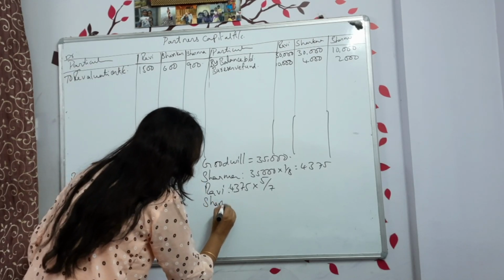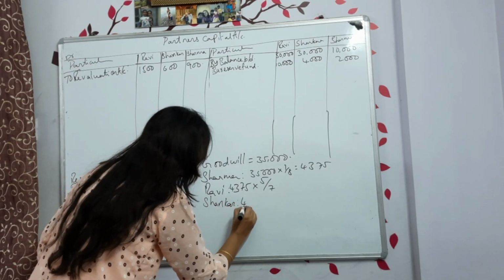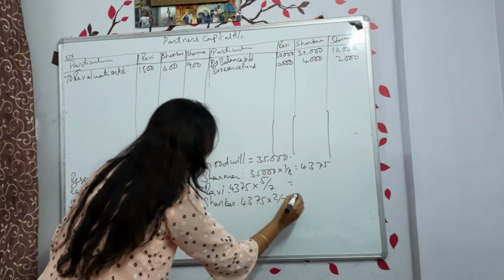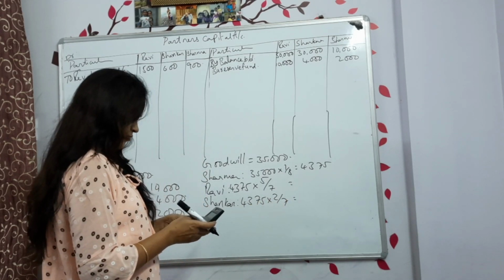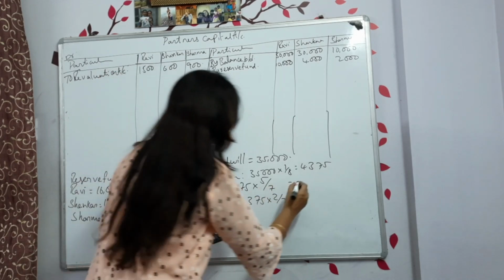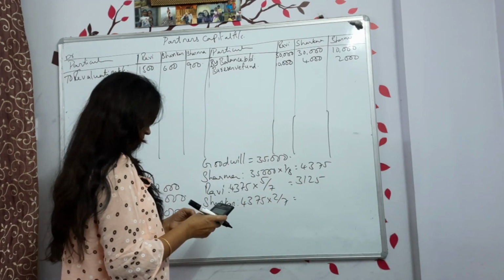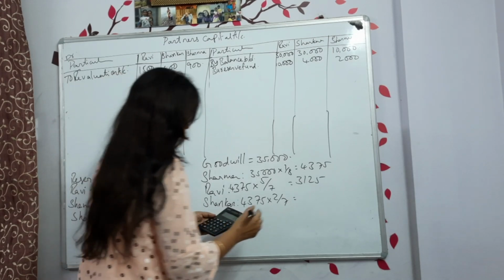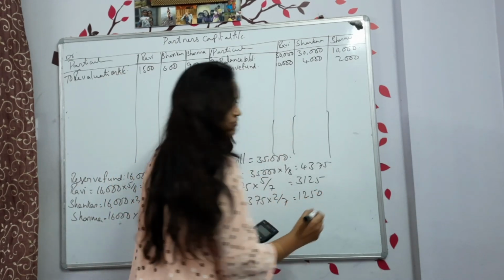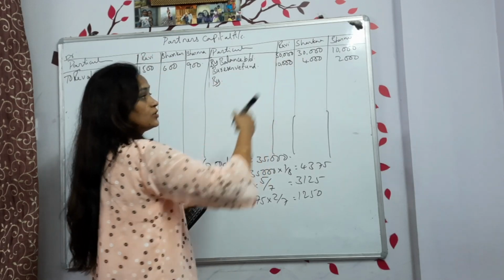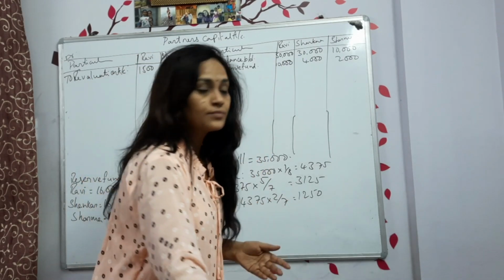Next, Shankar, 4,375 into 2 by 7. Into 5 divided by 7, 3,125. Into 2 divided by 7, 1,250. Now to whom are they giving? To Sharma, right? Who is giving?